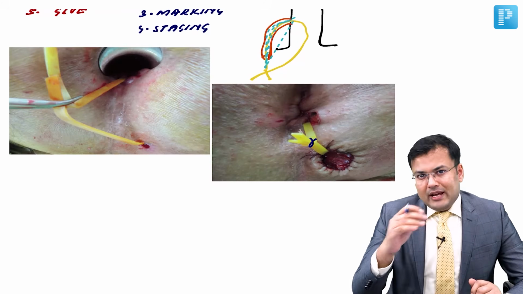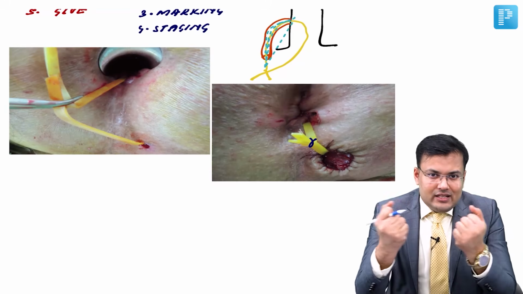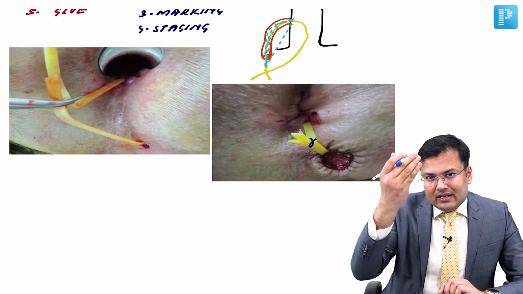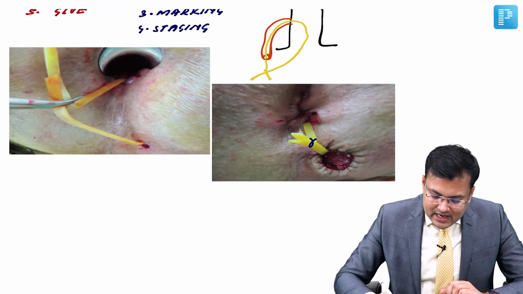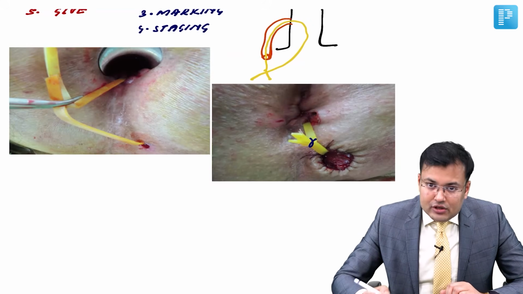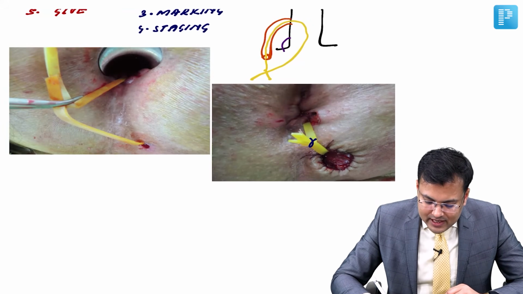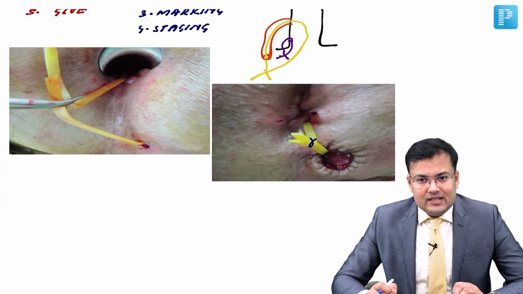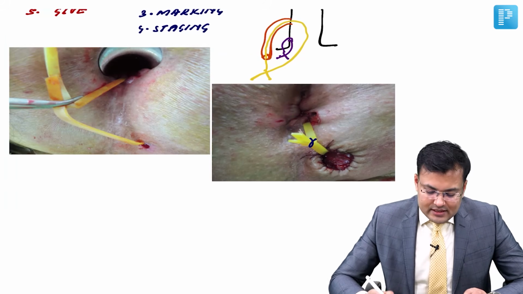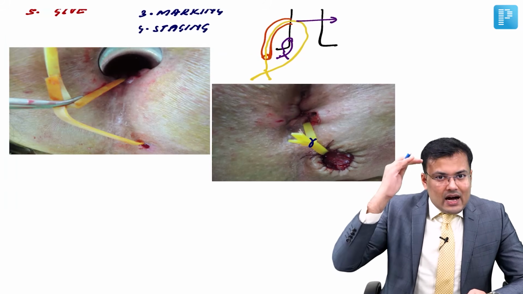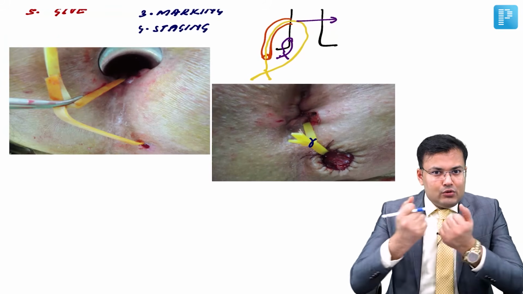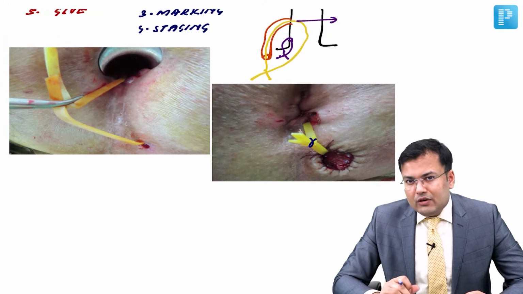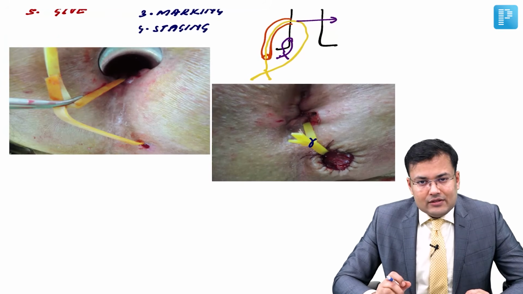And what is the problem? Suppose I tighten the Seton every week, it will start cutting the soft tissue, and after some point of time it reaches this place. So this is known as cutting Seton. What is the advantage of cutting Seton? If a patient is having a high-lying fistula and you are using cutting Seton, it is going to convert that high-lying fistula into a low-lying fistula.